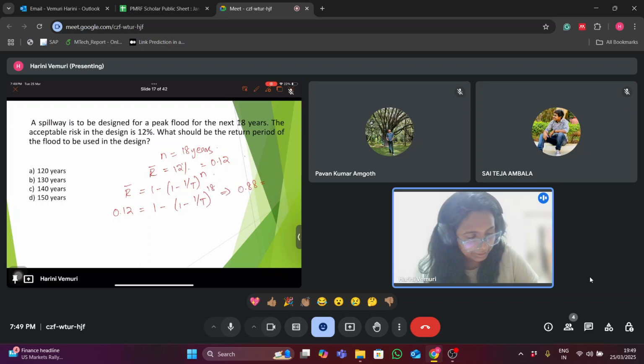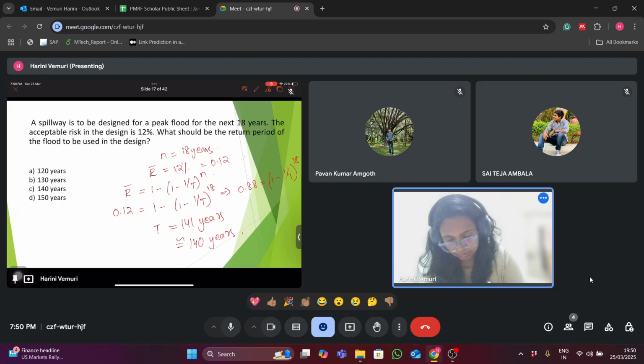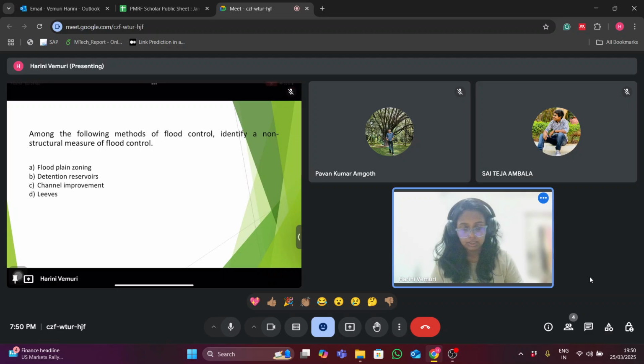So 0.88 equal to (1 minus 1 by T) whole power 18. So once you solve that, the return period will come as 141 years. So nearly we can take that as approximately 140 years. If you have any doubts, you can stop me in the middle.